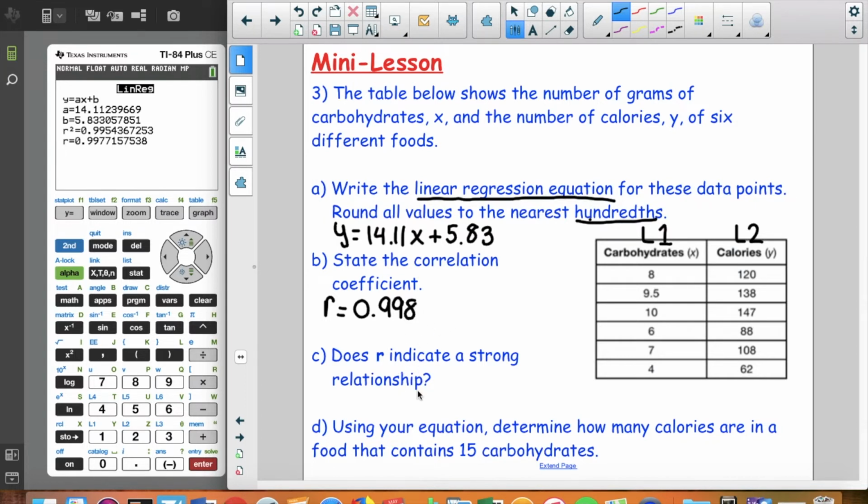It says, does R indicate a strong relationship?